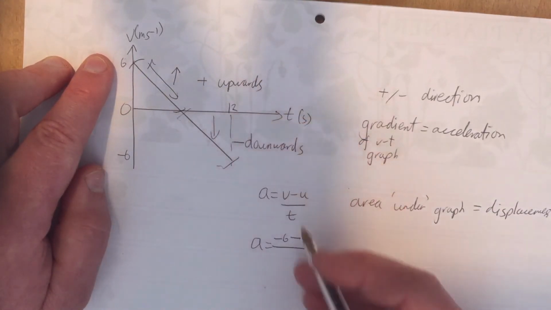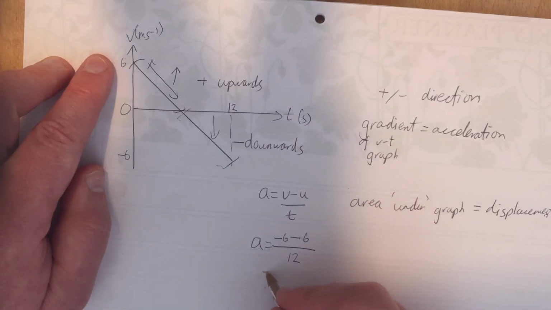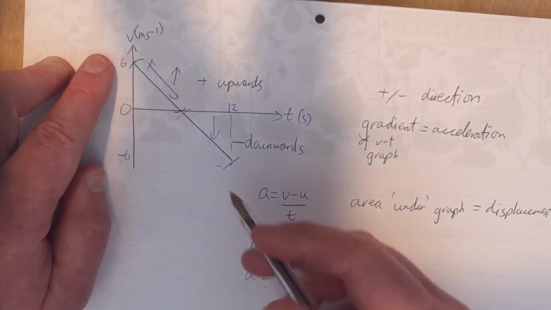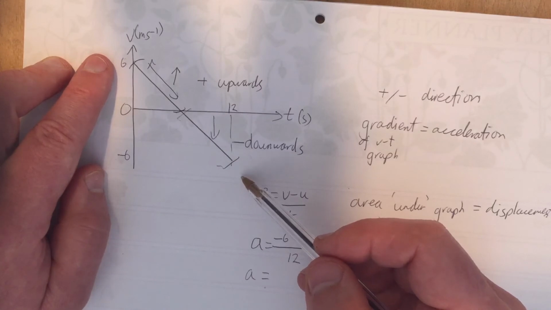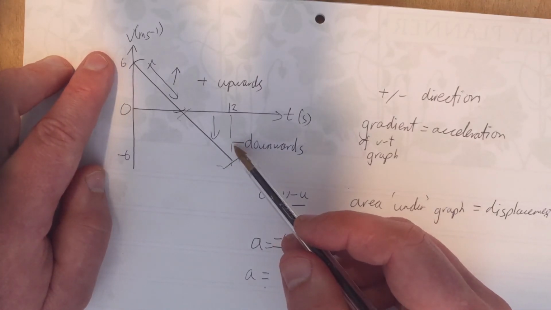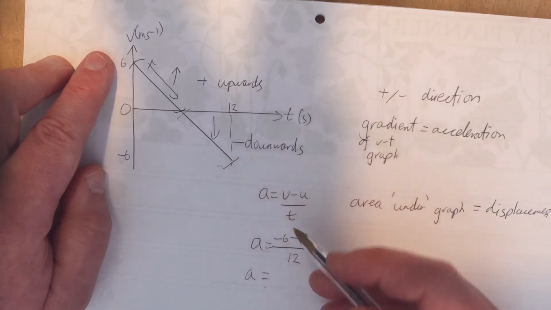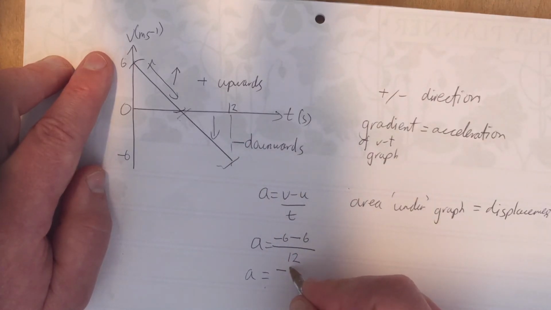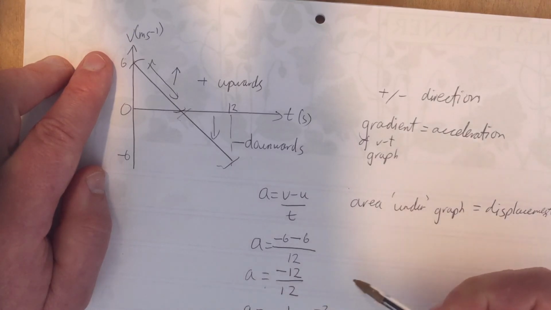Now, maybe at National 5 we talked about deceleration. For various reasons at Higher, I don't want you to do that. I want you to talk about a negative acceleration rather than a deceleration. So that would be -12 on top, 12 on the bottom, and we get an acceleration of -1 meter per second squared.